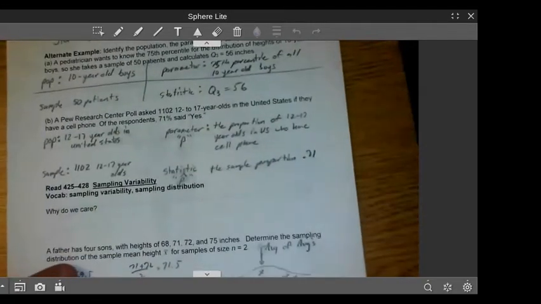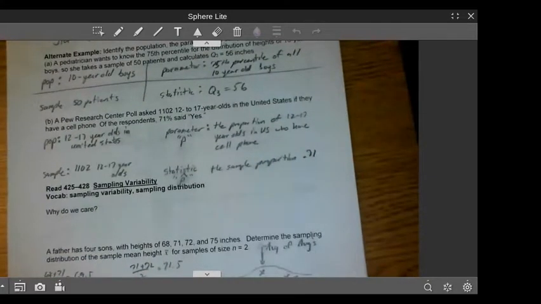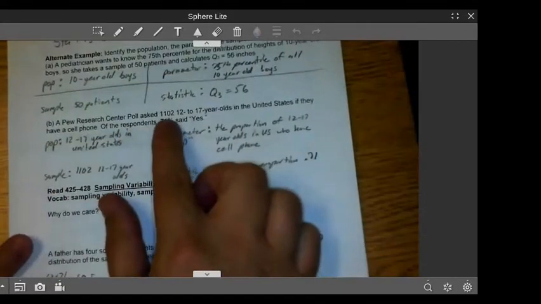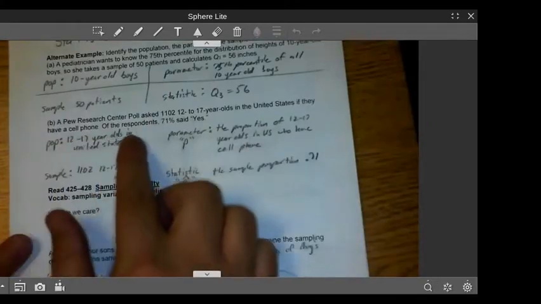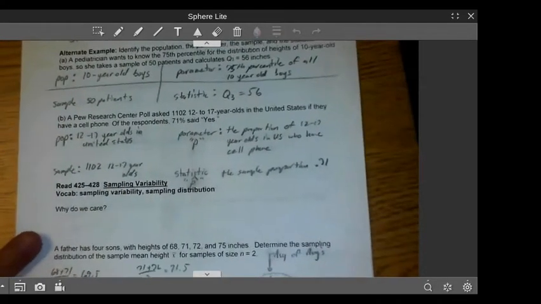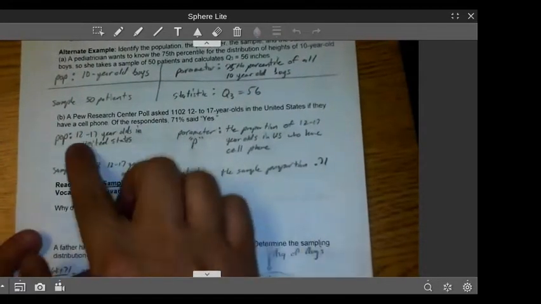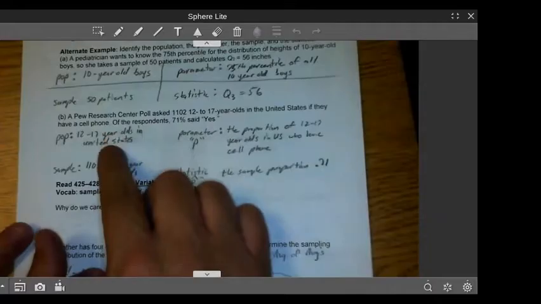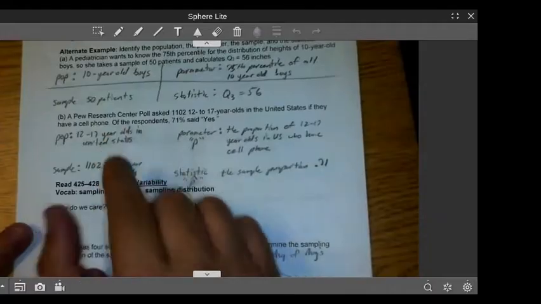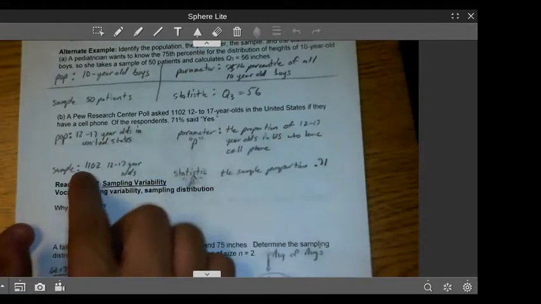All right, next. A Pew Research poll asked 1,102 12- to 17-year-olds in the United States if they have a cell phone. 71% said yes. So the population is all 12- to 17-year-olds in the United States. That's who they're trying to get information about, not the ones that have cell phones, but all 12- to 17-year-olds. The sample is the 1,102 that we asked.